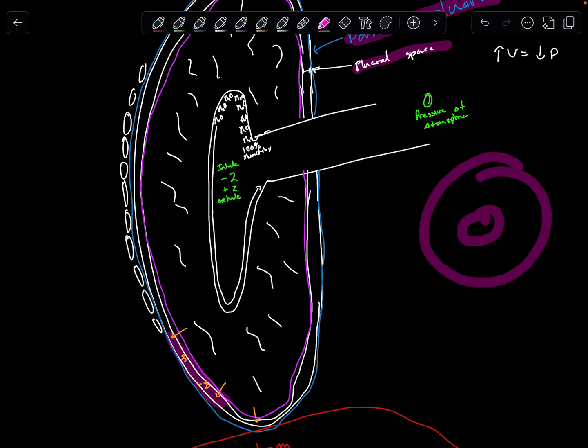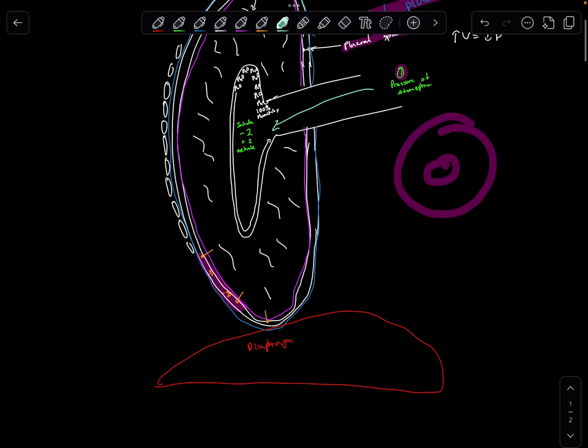And that's what creates a pressure gradient. Now the pressure outside, we're going to say 0, so then we'll have just a net inflow inside the lungs of air. So hopefully that makes sense.